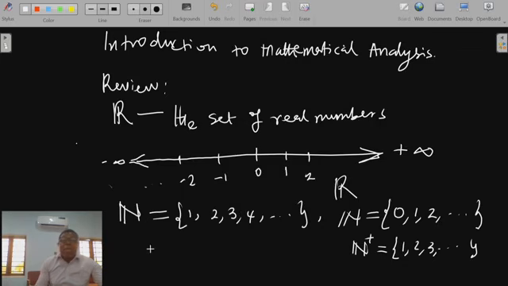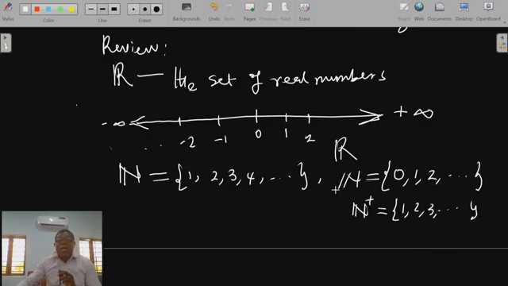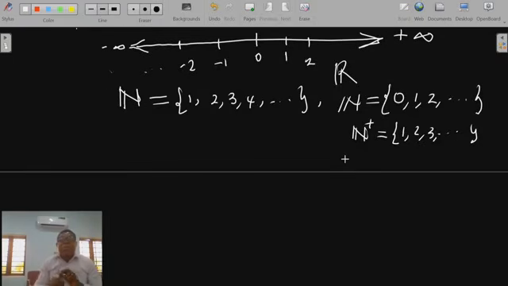Another important set we shall also recall is the set of integers. The set of integers is denoted by Z, and it's defined as, please, whenever I put this colon before the equality sign, it signifies I'm making a definition.